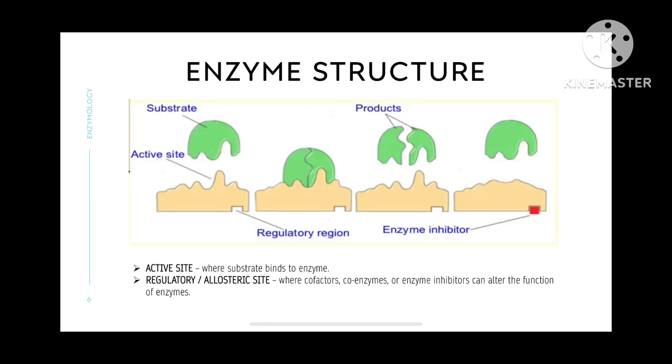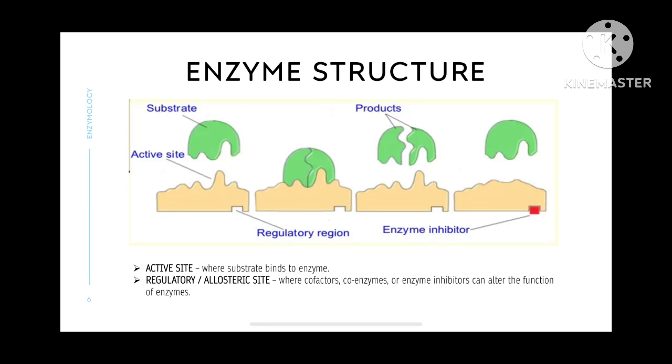So this active site, class, looks like a puzzle piece wherein you will put the substrate, or the other puzzle piece, in order to complete the picture. And whenever the substrate binds to that active site, that is where the chemical reaction happens.